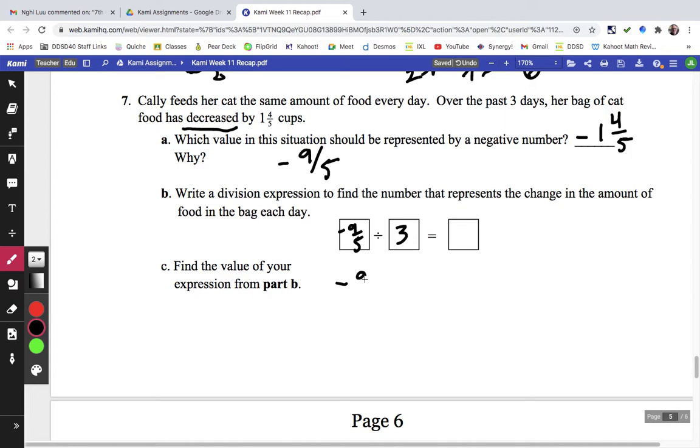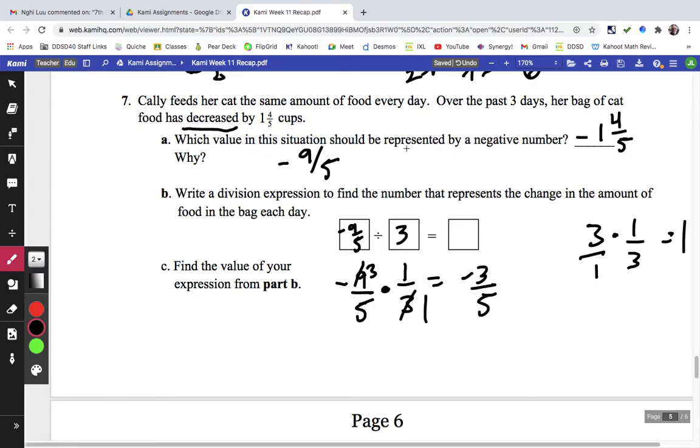So -9/5 times the reciprocal of 3. Remember, the reciprocal is what we multiply it by to equal 1. So 3 times 1/3 is equal to 1. So the reciprocal of 3 is 1/3. 3 goes into 3 once, 3 goes into 9 3 times. So negative 3/5.